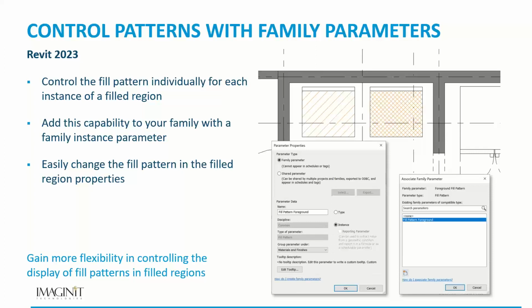I could place that chair all over the place and change the fill pattern on it, depending on what I'm talking about or what information I'm trying to convey. This is really great. As a matter of fact, a couple of weeks ago, I was trying to build a family, and I was sure wishing that I could, in an earlier version, add the fill pattern to that particular family. So this gives us a lot more flexibility in controlling our displays.